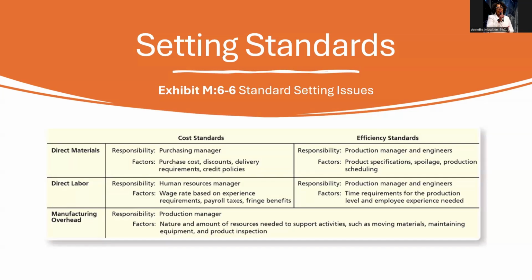Here in Exhibit 6, it outlines the process of setting standard costs, a crucial yet challenging aspect of a standard cost system. Establishing accurate standards requires coordination and communication across multiple departments. For the direct material standard, the cost standard begins with the base purchase cost of raw materials.